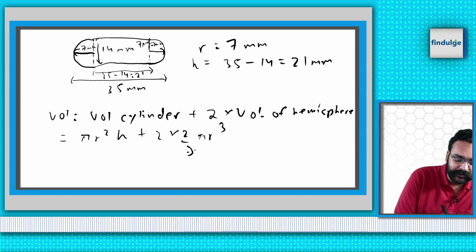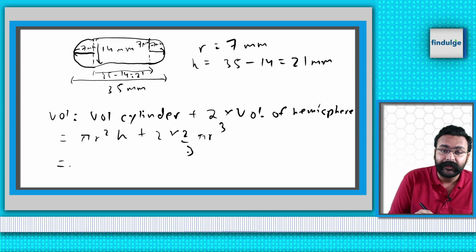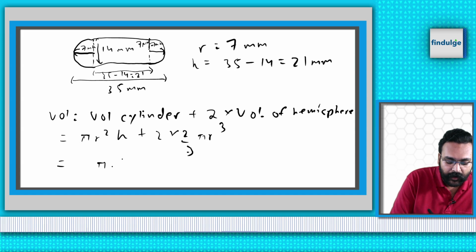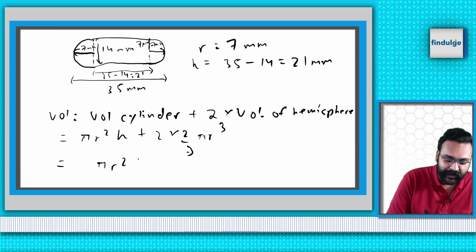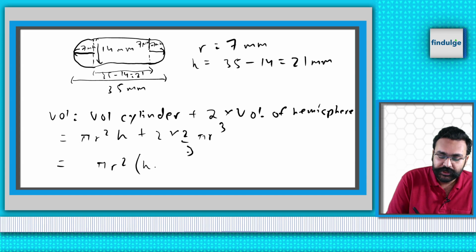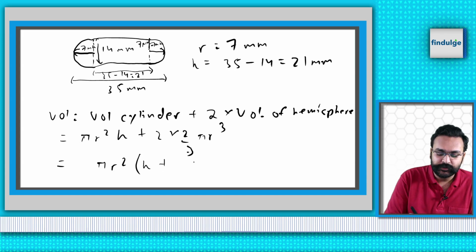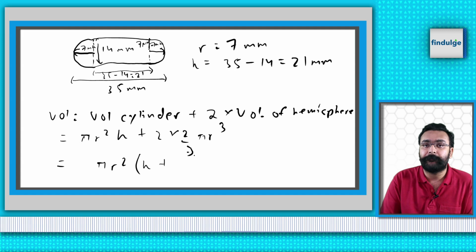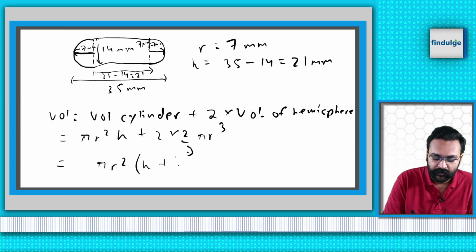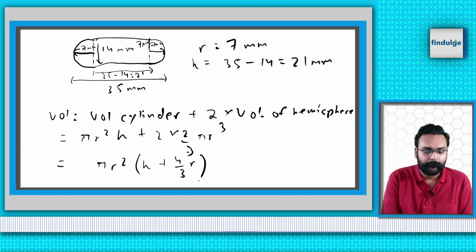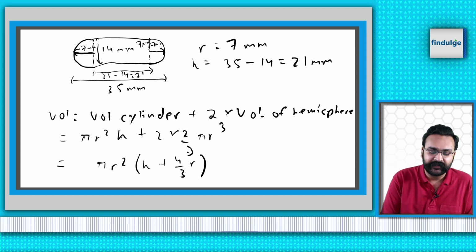So what you can notice here is that I can take pi r square common and I will be left with h plus, this would have become 4 by 3 pi r cubed. So 4 by 3 r, because pi r square h is left here, pi r square 4 by 3 r would be left here.